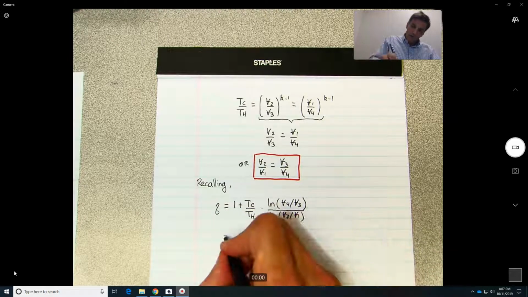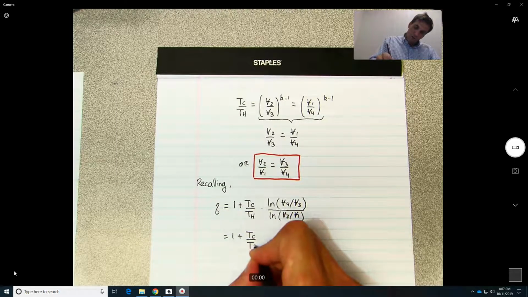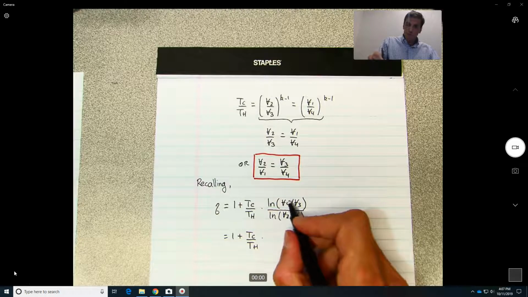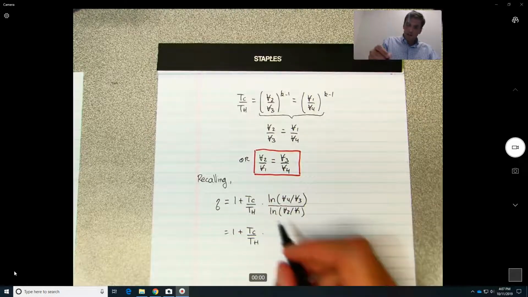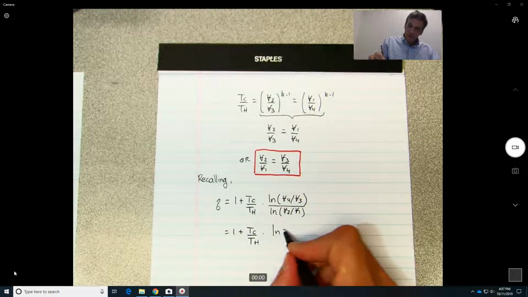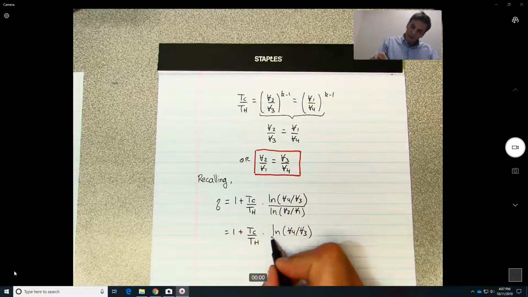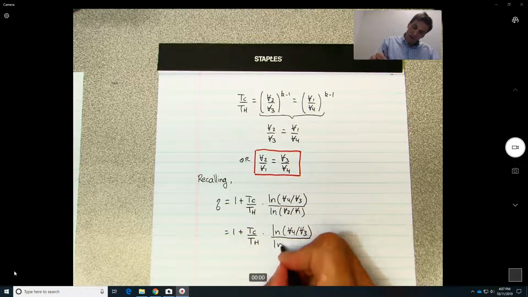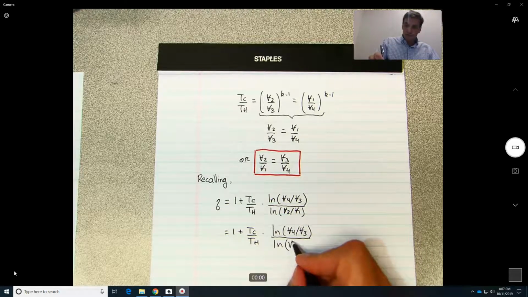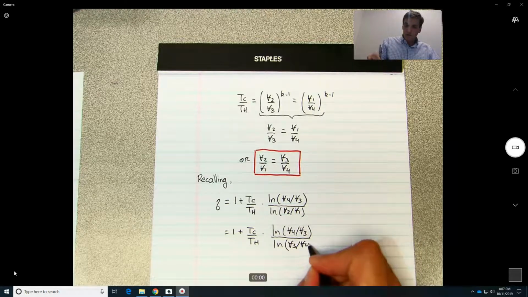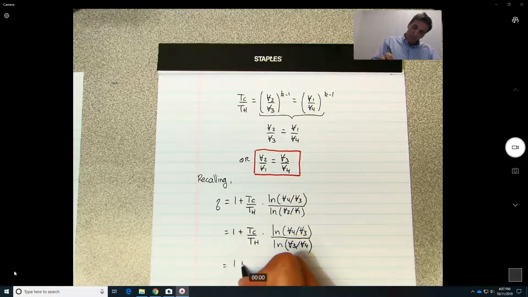Okay, so this should be equal to what? 1 plus Tc over T hot. So if you want, we can replace the log V2 over V1. So we'll keep the top one as it is, log V4 over V3 divided by log V3 over V4. Okay, and now this is just simple algebra.